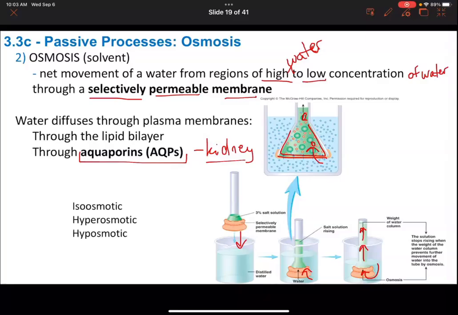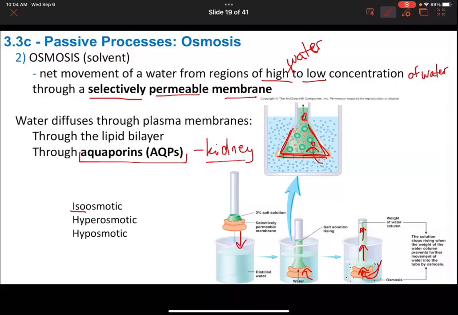Some terms that I think are important for you to know are used when we're comparing the solutions on either side of the semi-permeable membrane. If this were the inside, inside this funnel, and here's the semi-permeable membrane, when water comes in and is able to separate those molecules, and then let's say some of them were able to get out, these two solutions would be called isoosmotic.